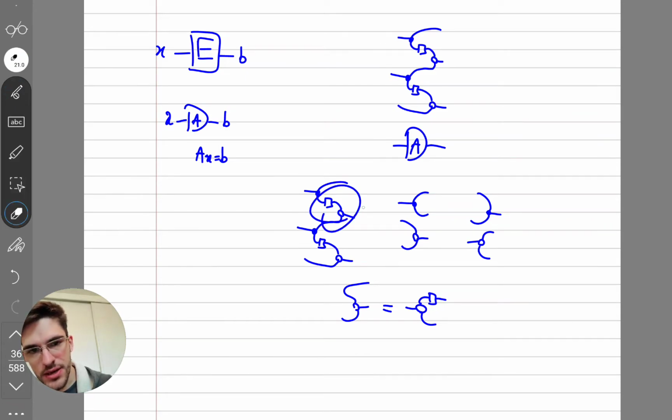And if I use it here, I guess I'm using it the other way around, but then I can replace this bit by a bit like this, and then this sort of bendy thing.